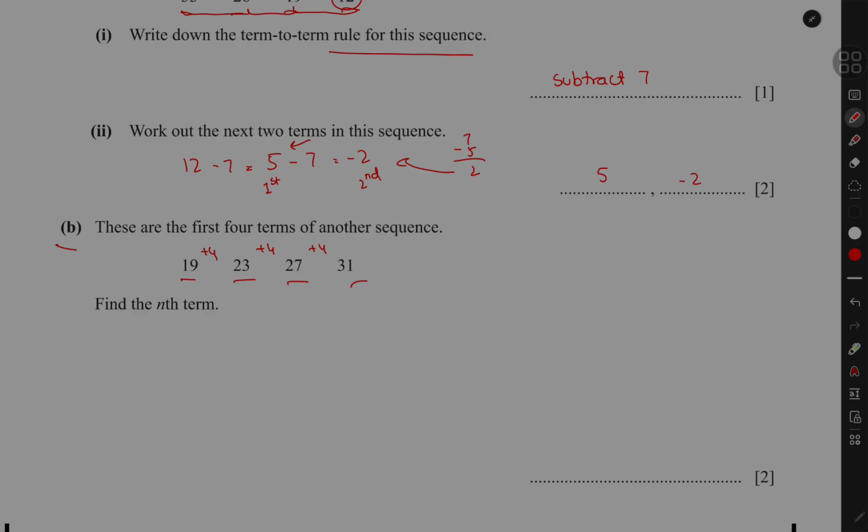So the nth term would be, this is the first term right here, then the second, third, fourth.